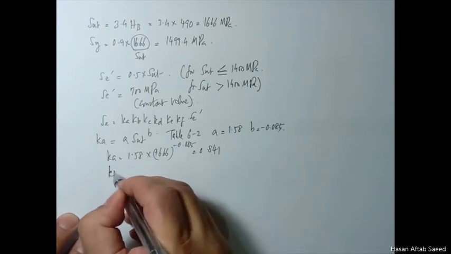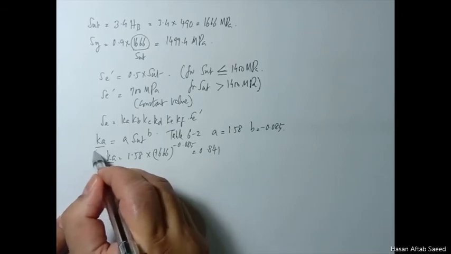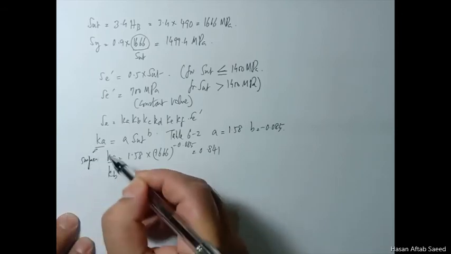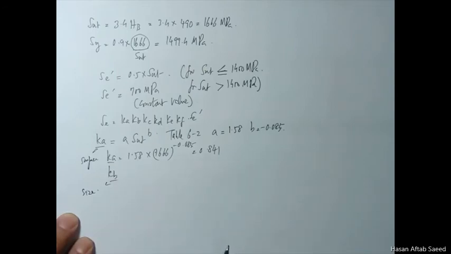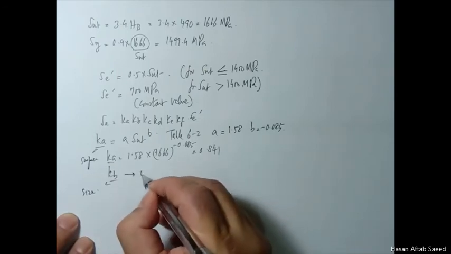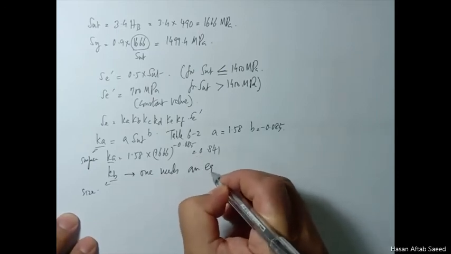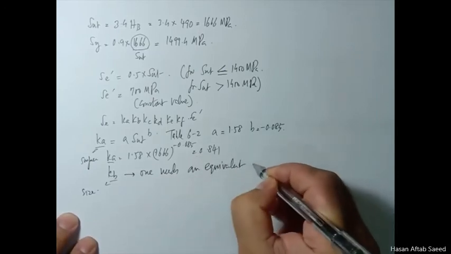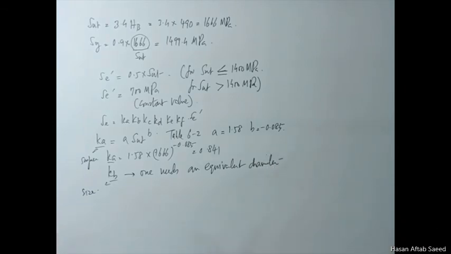For KB, just a reminder, KB is the size factor. For KB, one needs an equivalent diameter. Why? Because it's a bending problem, but it's not a rotating bending problem.